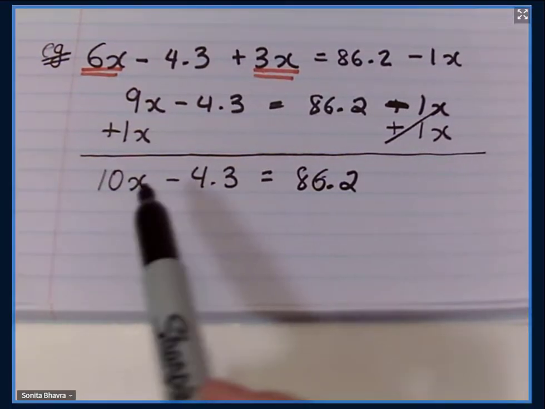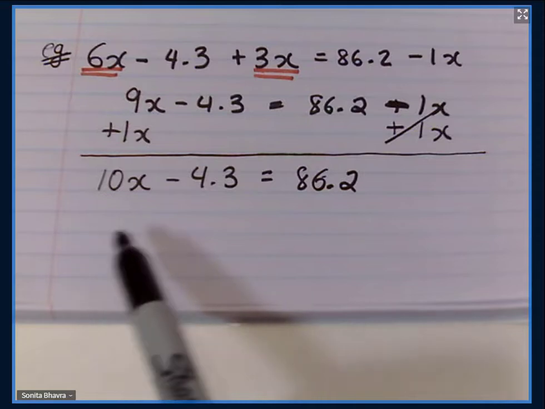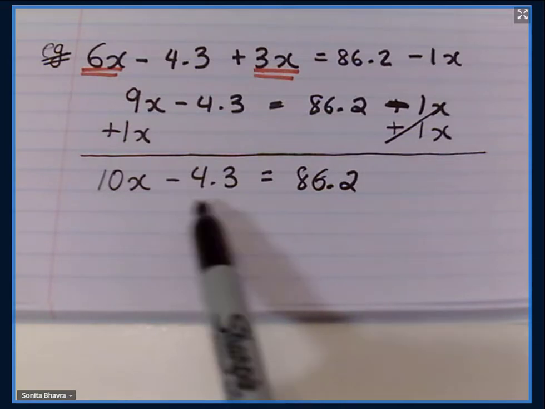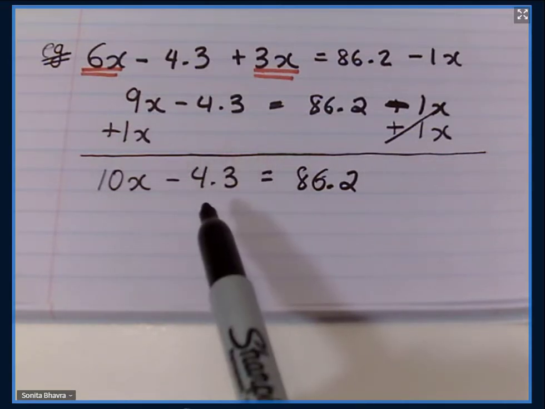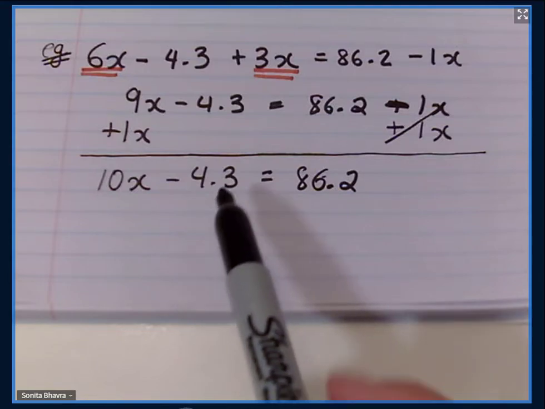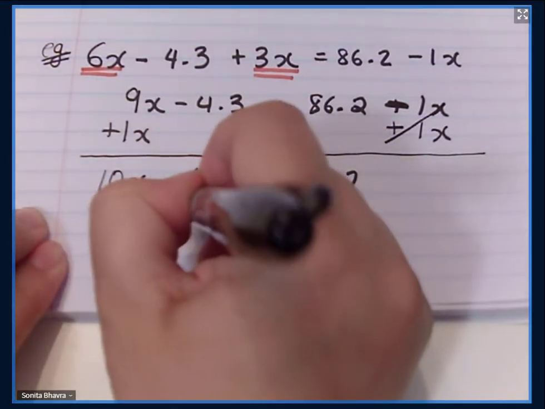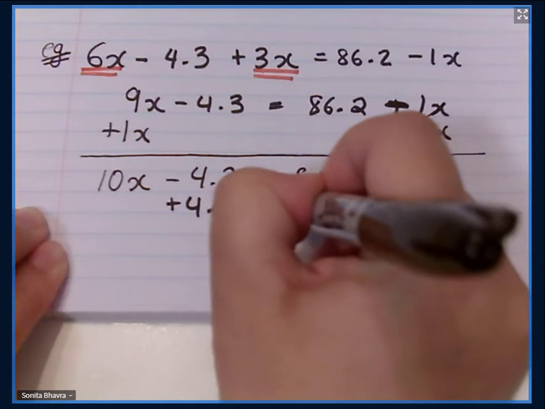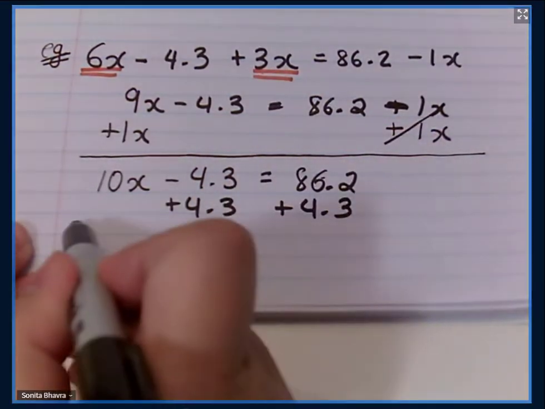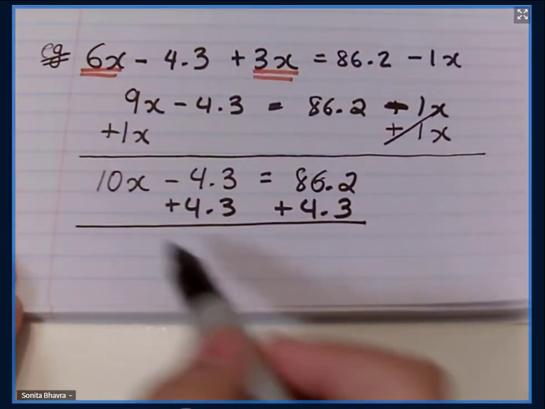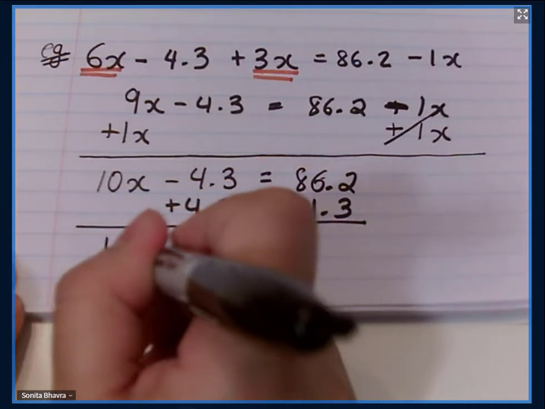Okay, so I have my 10x on the left-hand side now, so all I need to do now is get rid of this negative 4.3. By doing opposite operations, I'm going to add 4.3 to both sides. So on my left-hand side now, I'm left with 10x.